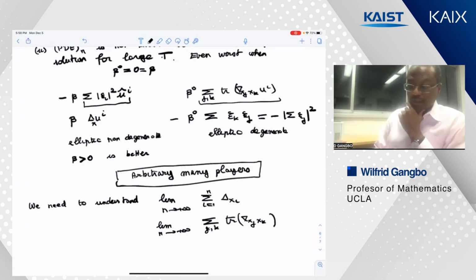We need to understand this when n goes to infinity.